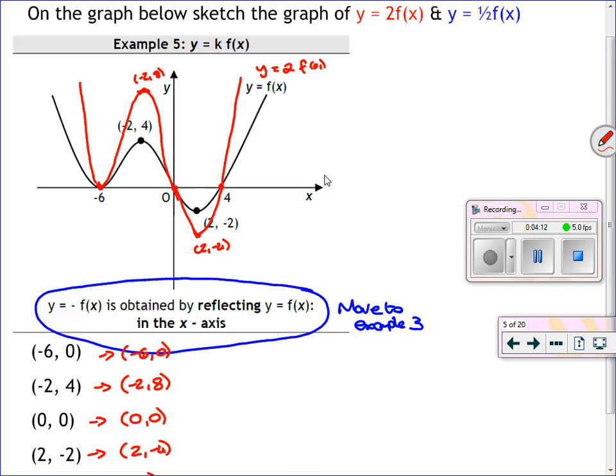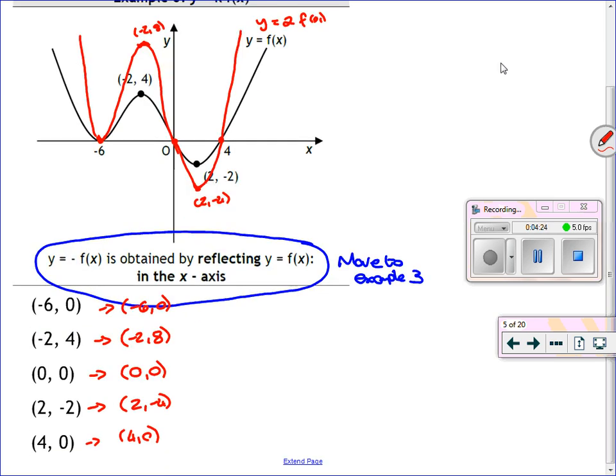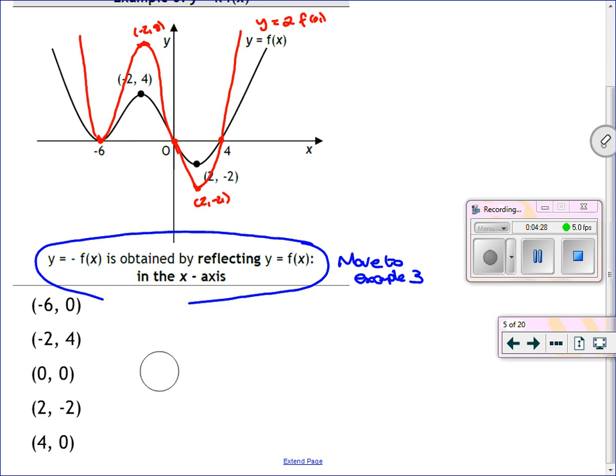The next one that we're going to sketch is the graph of a half f of x. So again, we have the half on the outside, so it's going to affect the y's, but the x's stay the same. So let's have a wee look at that. So again, minus 6, 0, when we halve 0, it stays 0.